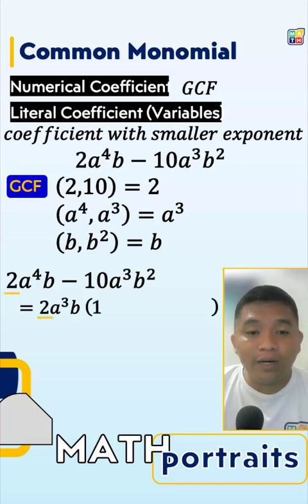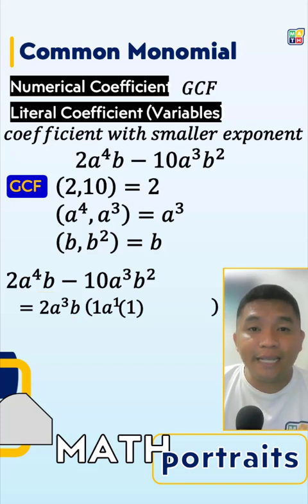Going forward, we'll have here a to the power of 4 divided by a cubed. So division law of exponents, the subtraction of exponents, you have a to the power of 1. Then you will have b divided by b. Of course, when you are dividing the same expression, you're expecting a result which is 1. This is just for our first term.